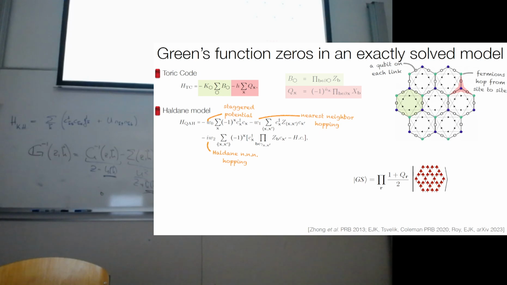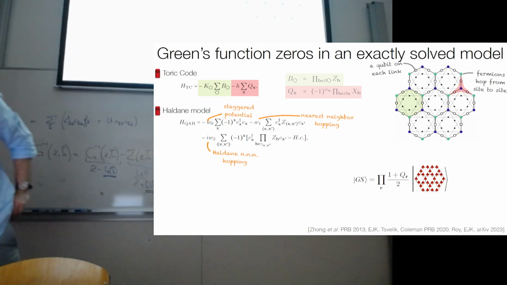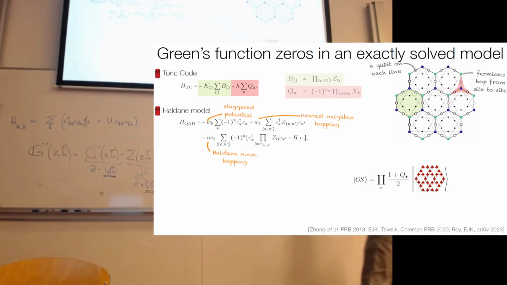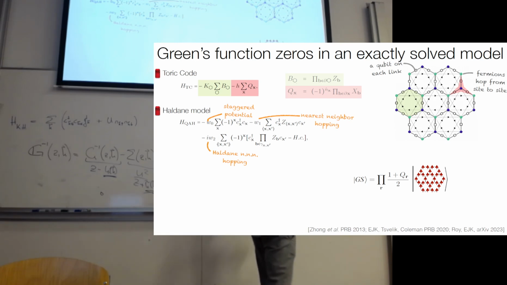So this model, without the toric code bit, has a dispersion relation which, maybe I should just show the main aspect of this in the Brillouin zone. So the Brillouin zone of this model looks like this. That's a triangular lattice. The Brillouin zone is hexagonal.